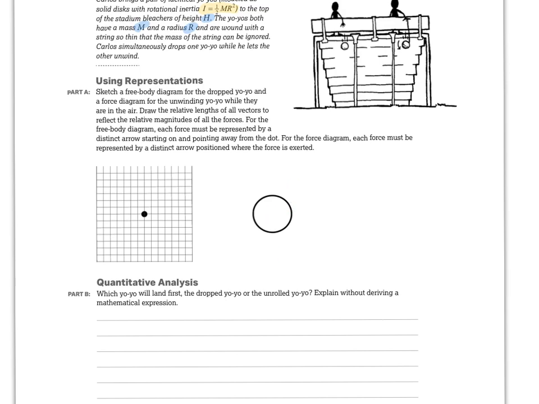So for the one that's just in free fall, we should just have a steady force of gravity pulling down, and I'm going to give it this value of, let's see, 1, 2, 3, 4, 5, 6, about 7 blocks, the entire distance that they give me. And that way over here, I draw from the center of mass also that same exact length of vector, and I'm going to try to use that capital M that they told me in the problem times g.